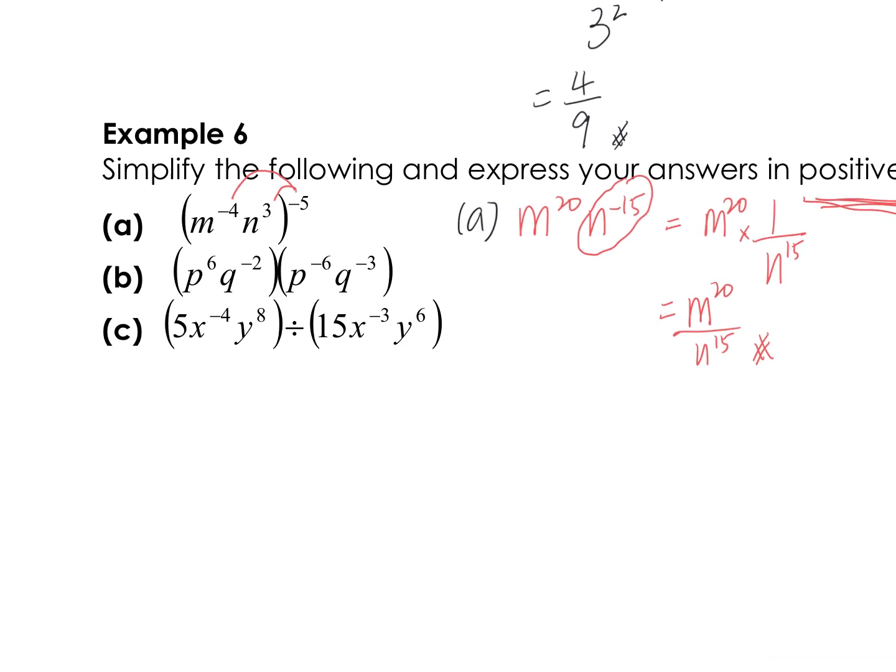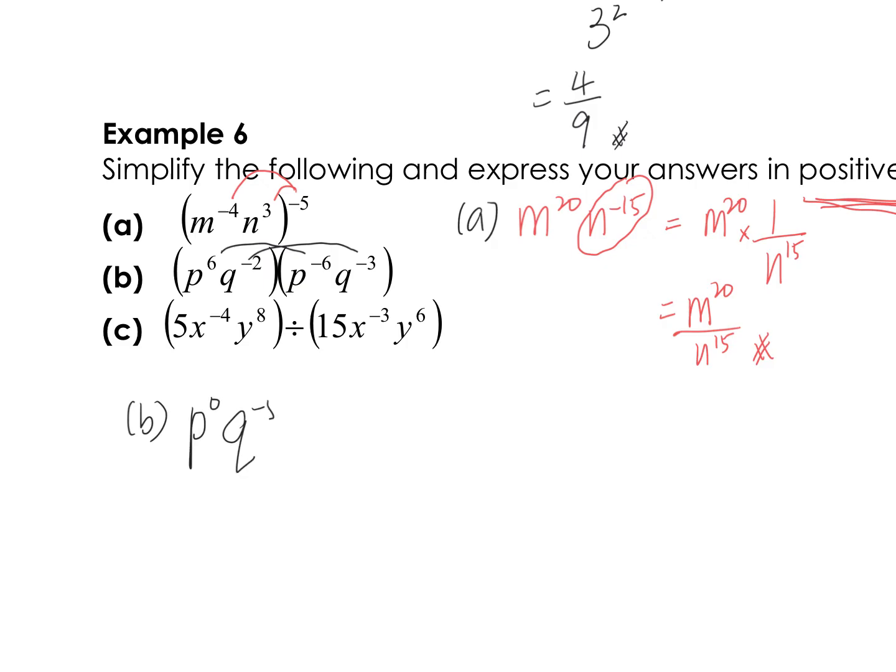Okay, let's do part B. Raven, what do I get for my answer for p and for q? It's plus 6 plus minus 6 equals 0. So p to the 0, q to the negative 5.